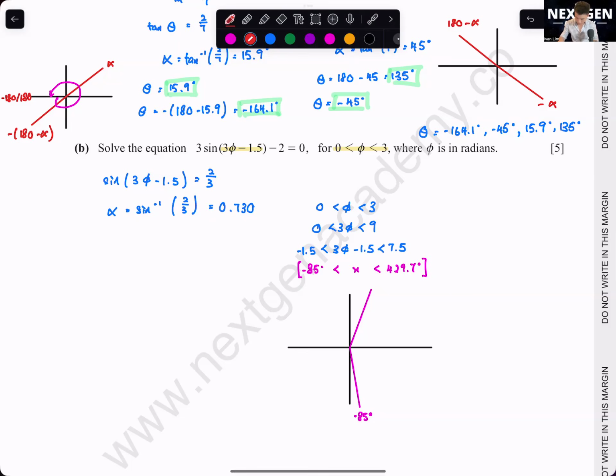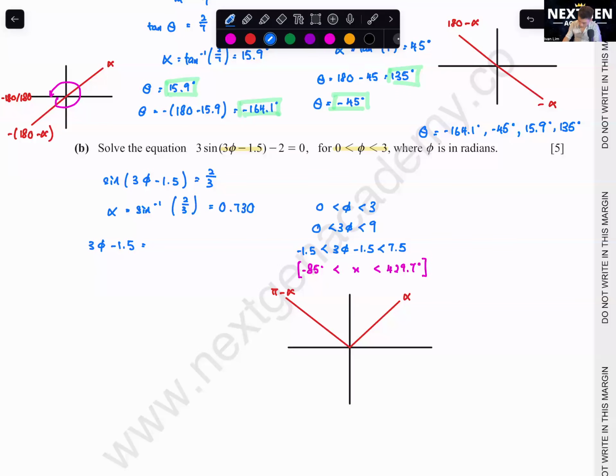So, I'll erase this pink color line, maybe it will distract you all. This one is here, ASTC. So here is alpha, and here is pi minus alpha. To calculate it, now we're going to do 3 phi minus 1.5.